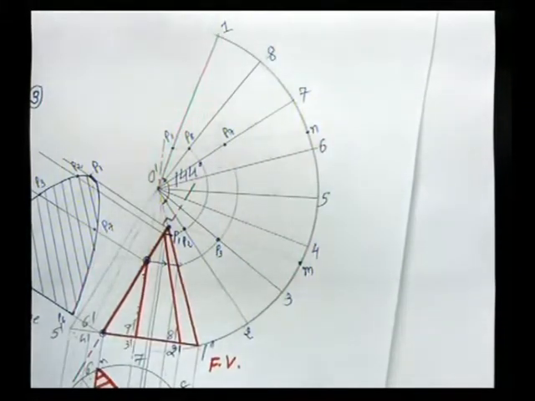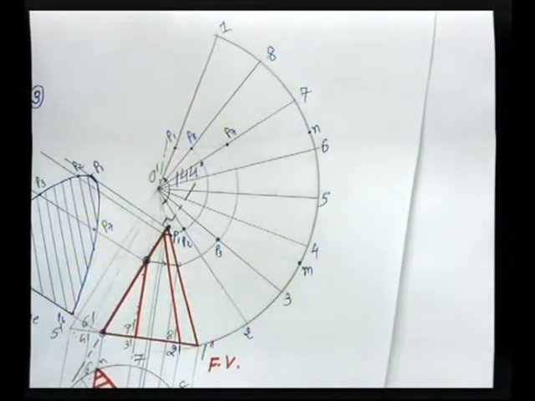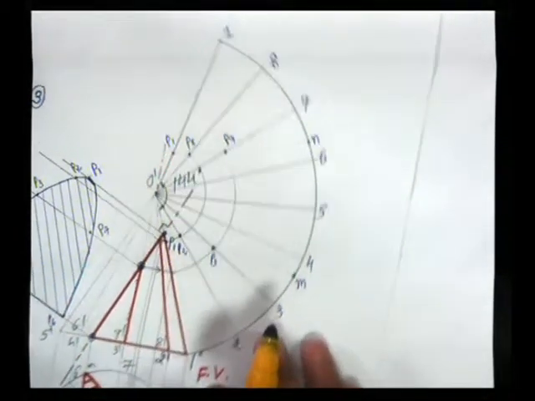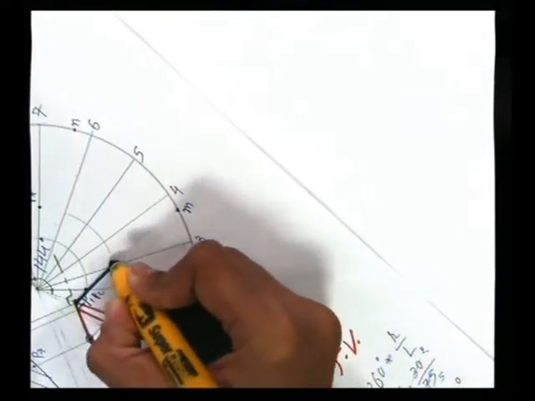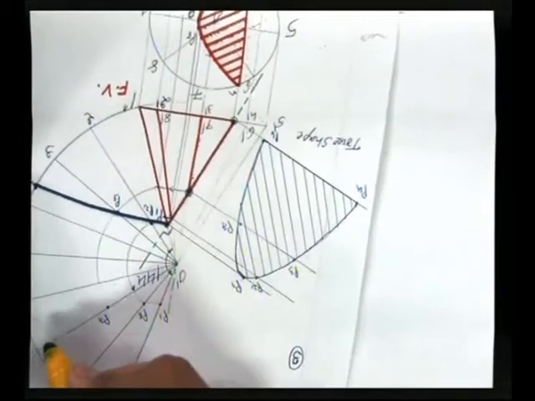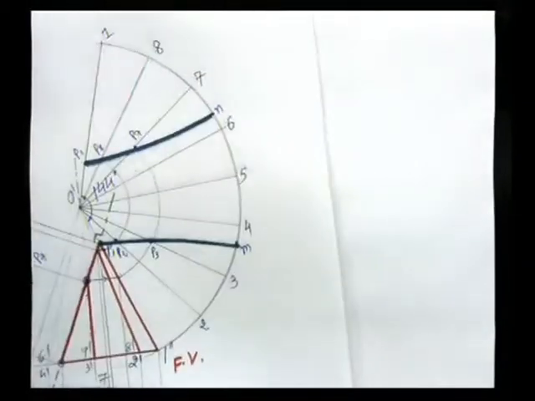Join all these points with a smooth curve, as it's a cone. So to join all these points with a smooth curve, you can join like this. And on this side also, this is the arc, right?